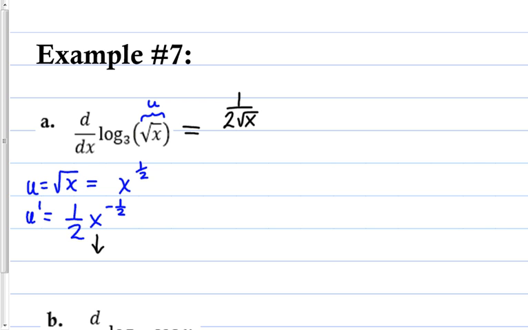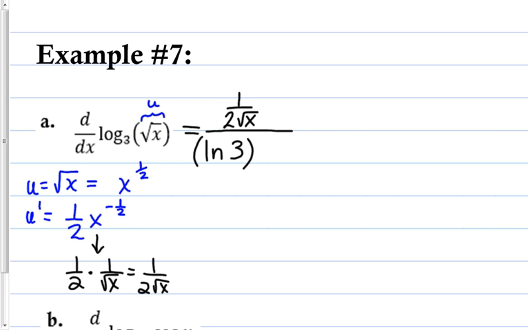This is 1/2 times 1 over the square root of x. Divided by the natural log of a, and a is the 3, times u, which is the square root of x.